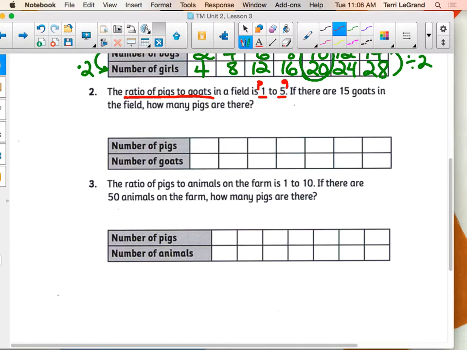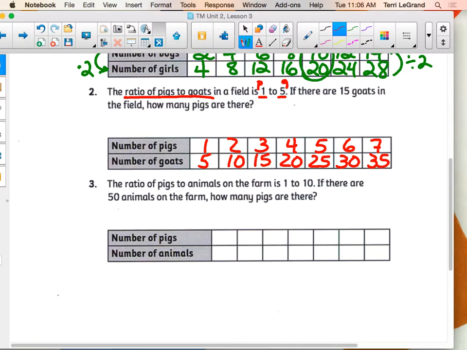Okay, so in the table, wherever we make our row of pigs, the pigs are going to start at 1 and go up by 1. In our table, the row of goats is going to start at 5 and go up by 5s.